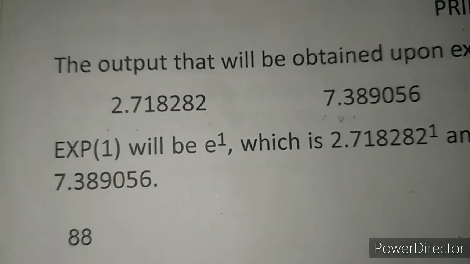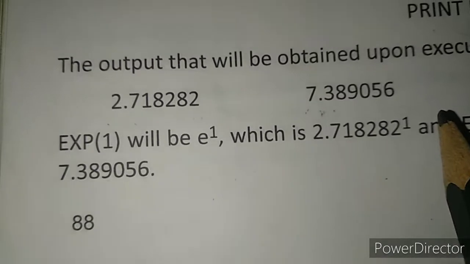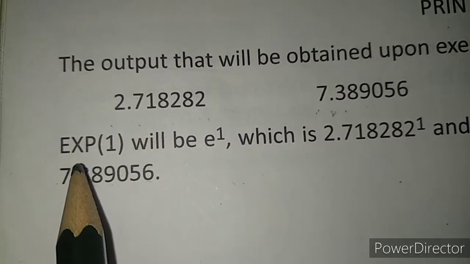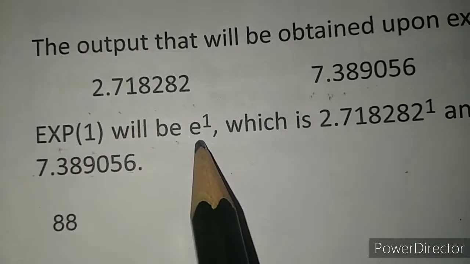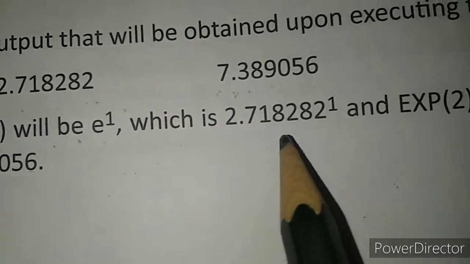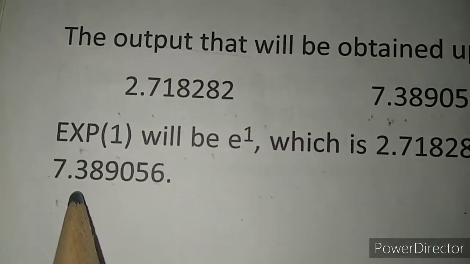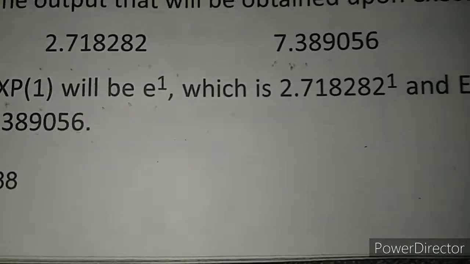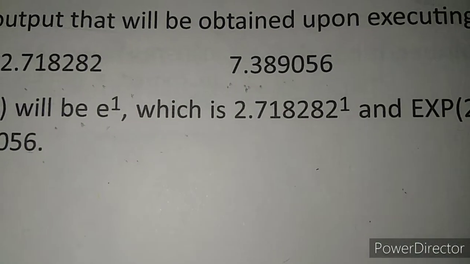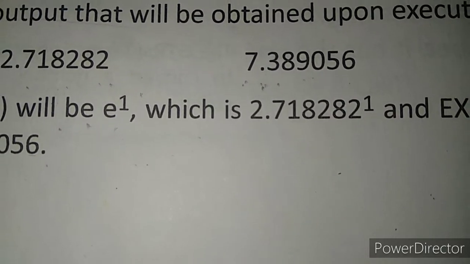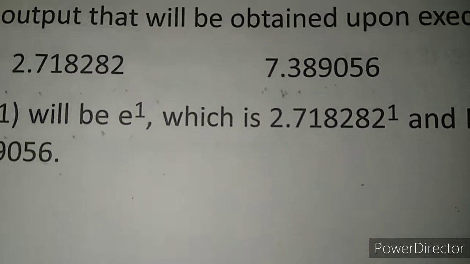So exp(1) is 2.718282 raised to the power 1, and exp(2) is 2.718282 raised to the power 2, which results in 7.389056. So the exp function is used to calculate the exponent of the base of natural log.